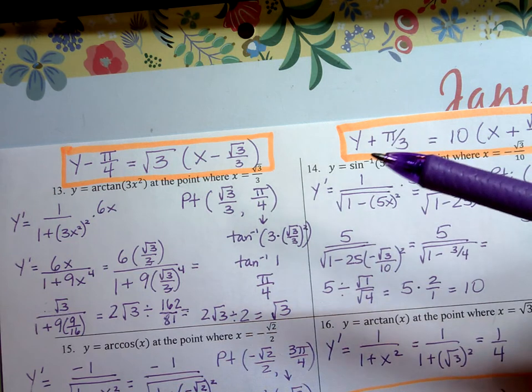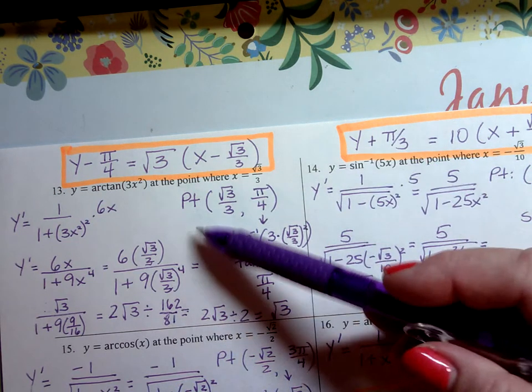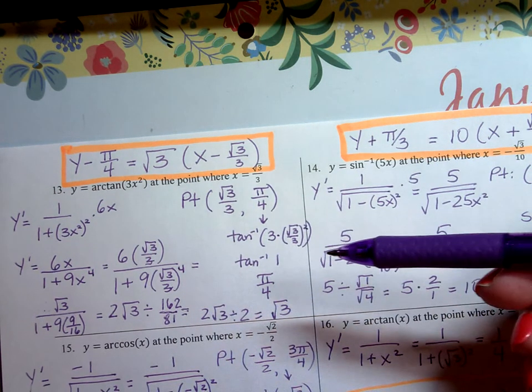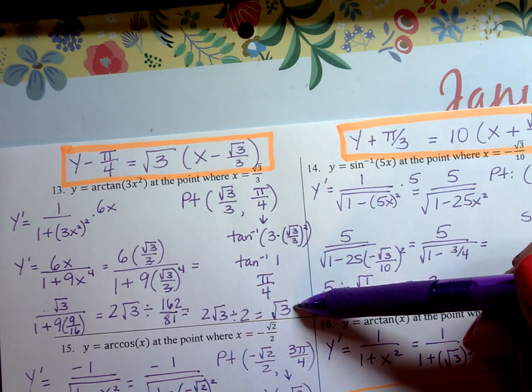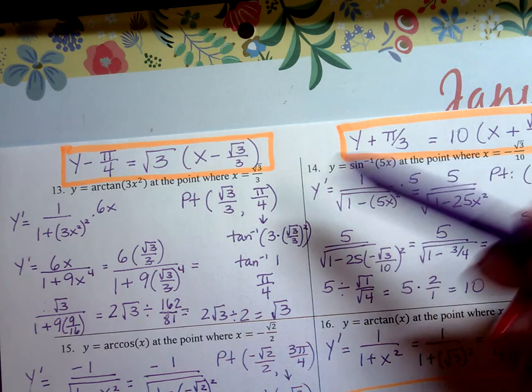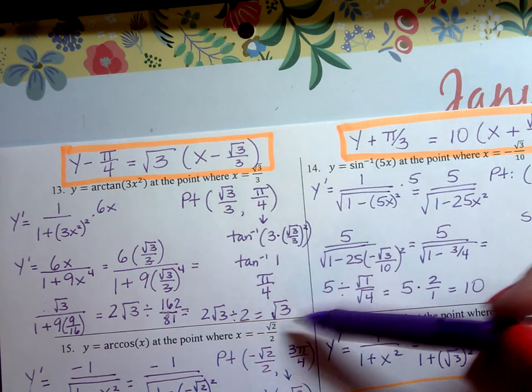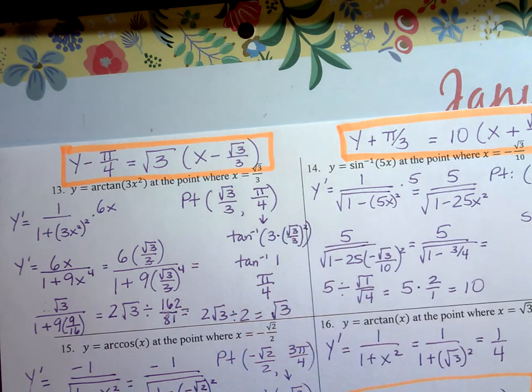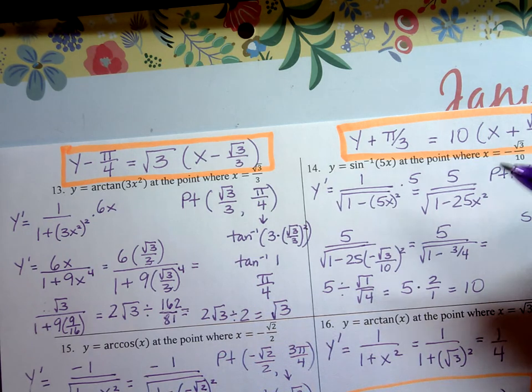And then find the value of your slope, which comes out to be a square root of 3. Now up at the top is where I kind of boxed in what my tangent then would be. So here you got your point, you got your slope, you can plug it together, and that's your deal for 13, 14, 15, and 16.